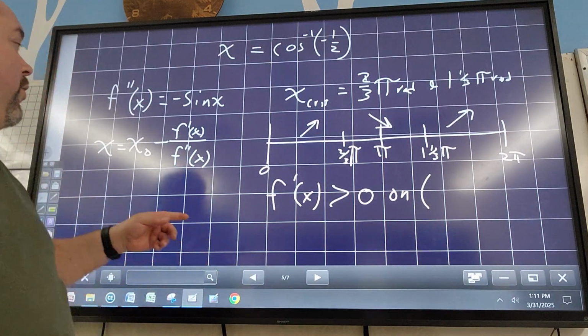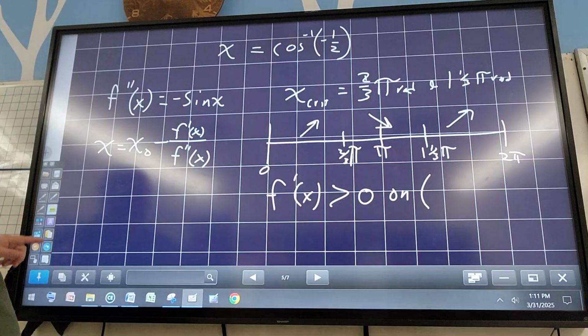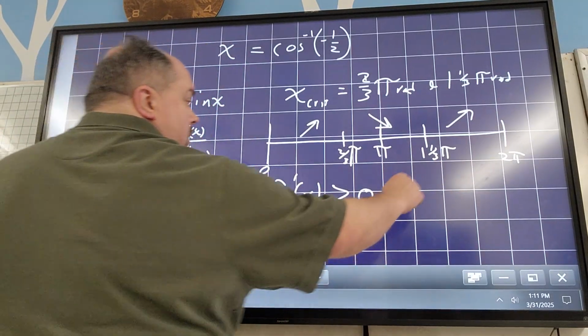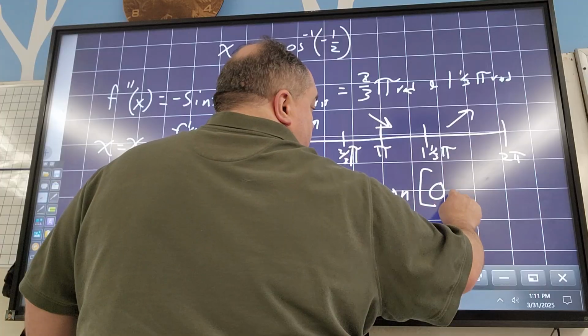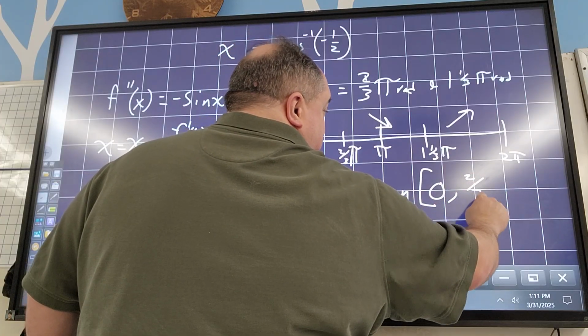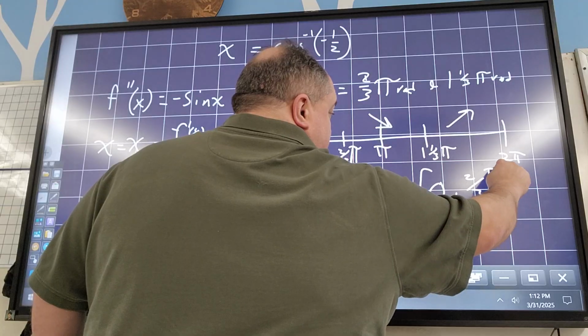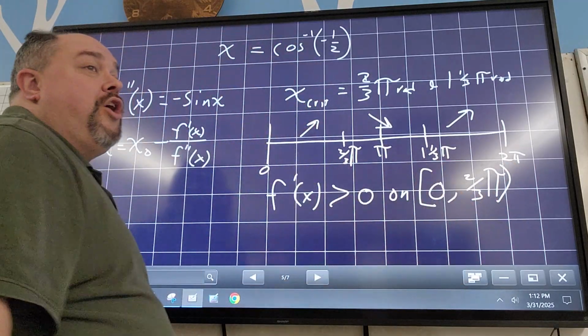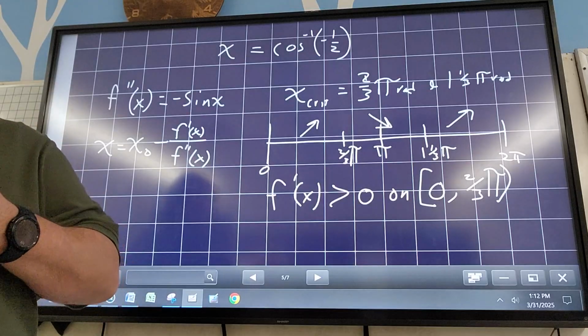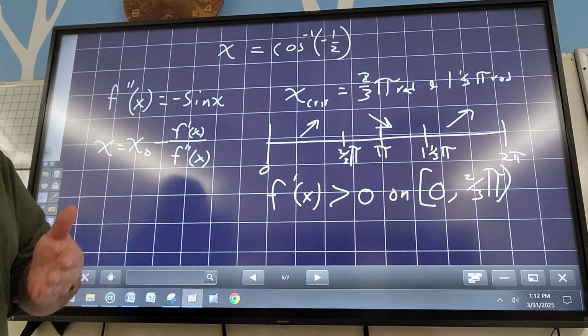No. So we can include 0 on this particular one. Yeah, included. Why are you always trying to exclude people? But that one is not included because at 2/3 pi, the slope is 0. So we can't include it there.